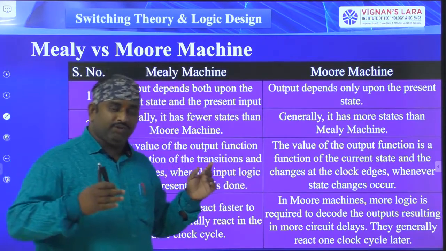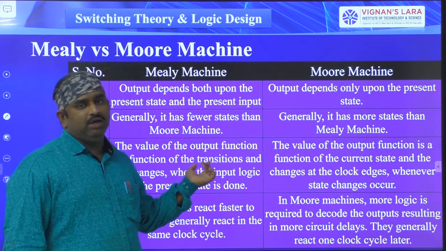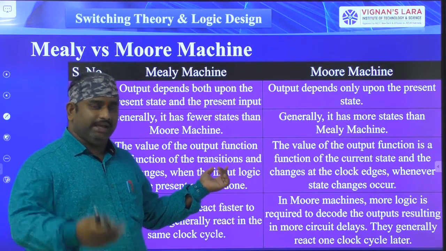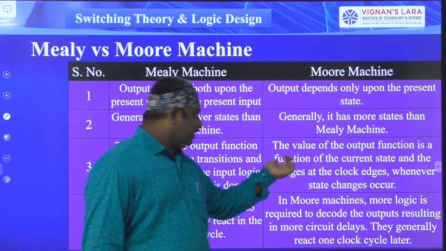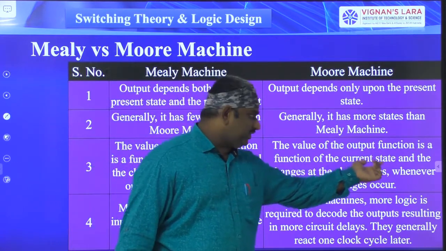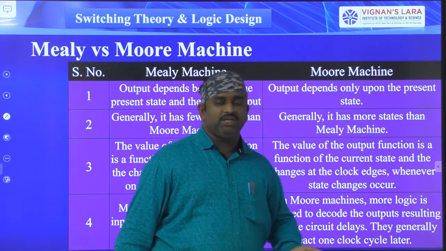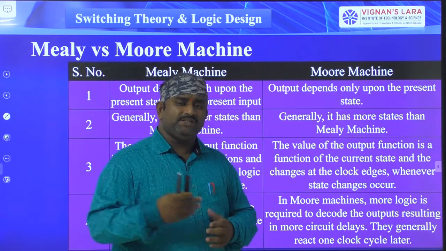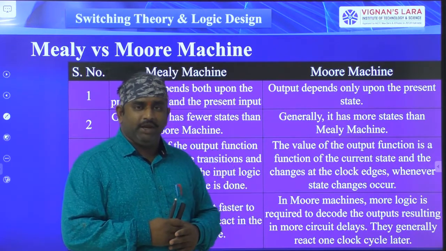Next, whenever the clock signal is given in the Moore machine, it responds to the state of the system to decode the next state output. Here the value of the output function is a function of the current state and changes at the clock edges whenever state changes occur. So whenever the clock pulse changes, based on the present state, the next state output will be decoded.